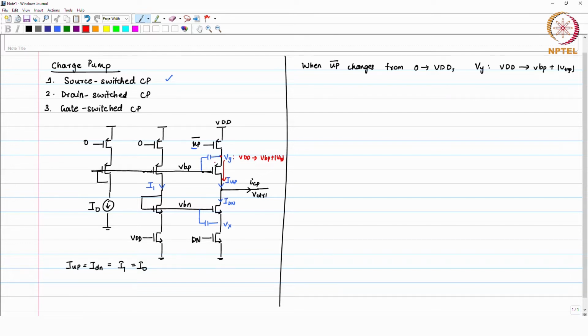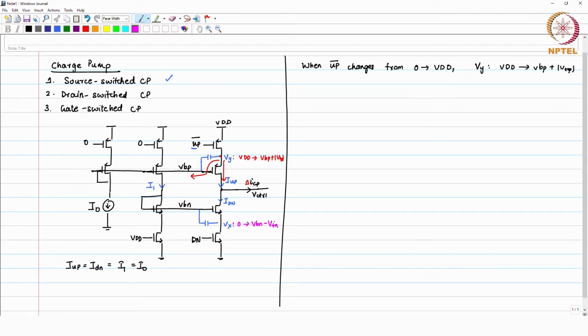You can say this current sees two paths, one path is this, other path is this because of the CGS capacitor. So, you have some delta ICP current going into the loop filter which creates a change in the control voltage which is not desired. Similar thing is going to happen, that this Vx potential goes from roughly 0 to VBN minus VTN.